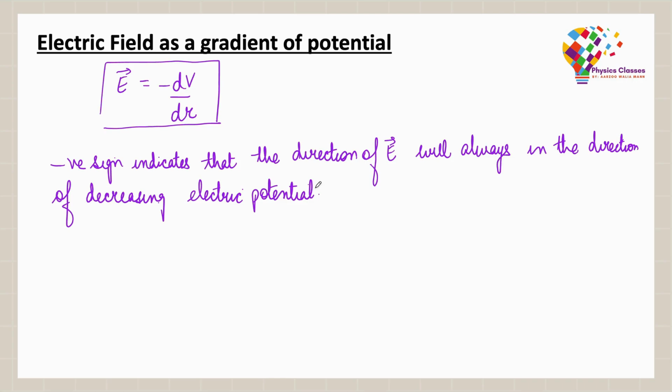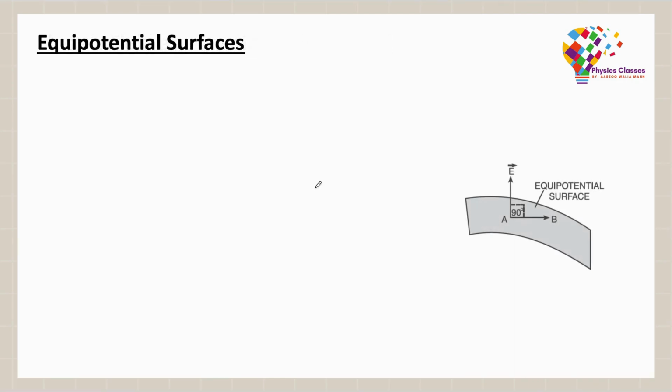Okay, now moving further ahead, we are going to talk about the equipotential surfaces. So what exactly are these equipotential surfaces? Let's break the name. Equi means of course equal, and potential means electric potential. So these are those surfaces which have the same potential throughout.